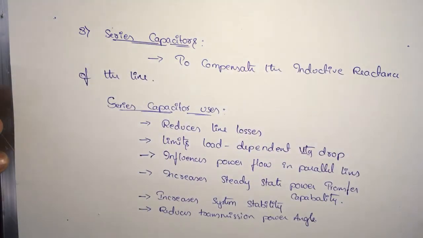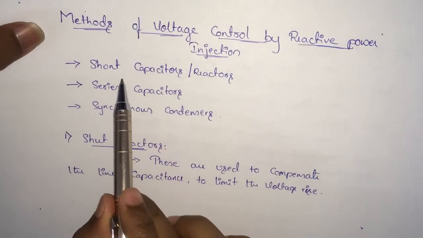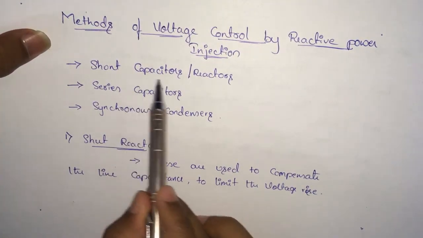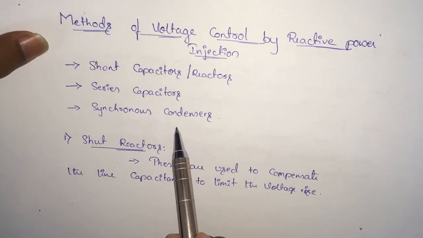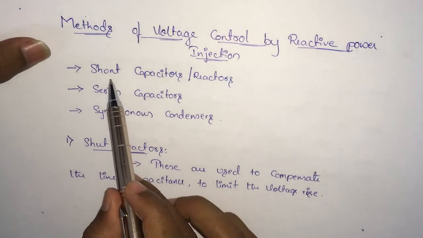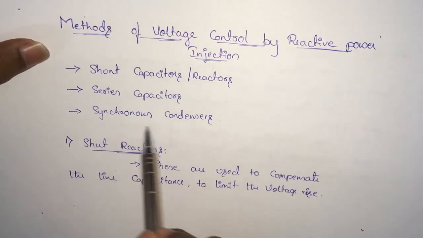Now we will continue with the next point. We started with our methods: shunt capacitors or reactors, series capacitors, and synchronous condensers. We completed shunt capacitors, reactors, and series capacitors. Now we are left with synchronous condensers.